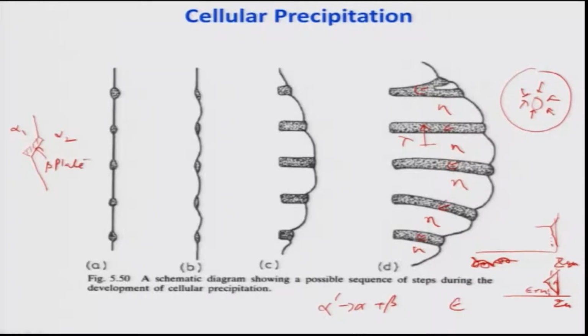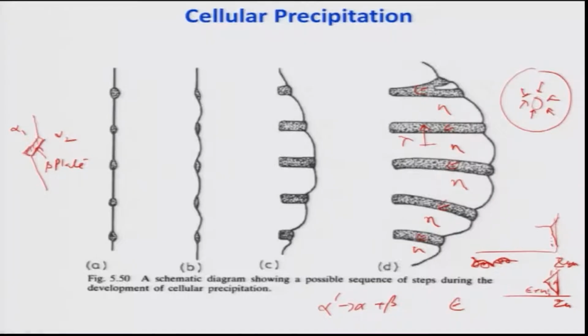Now, as this plate grows, what will happen? Let me draw it again. As this plate grows, it will create a boundary between the alpha and beta phases. This one maintains a certain crystallographic relationship with alpha 1, and obviously it is also maintaining a crystallographic relationship with alpha 2, because you see these plates have a very sharp boundary along these.